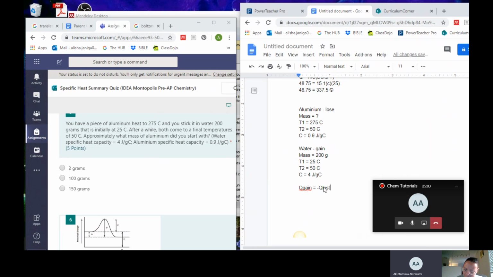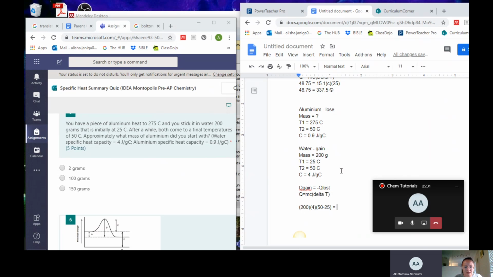Good so far? Yes. And so if Q is equal to MC delta T, then we plug all of the stuff in for Q. So for the gain, we'll plug in all the water stuff. So we'll have 200 grams for 50 minus 25. It's 25.